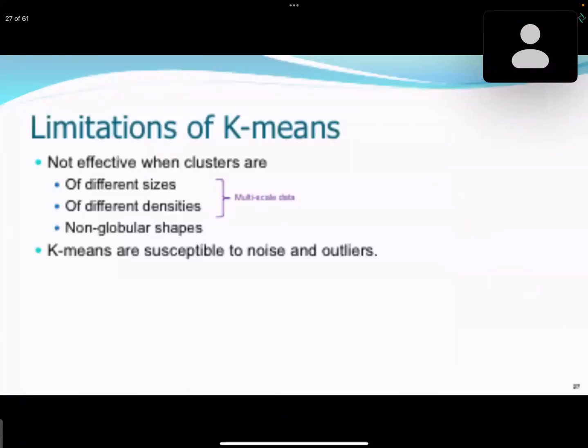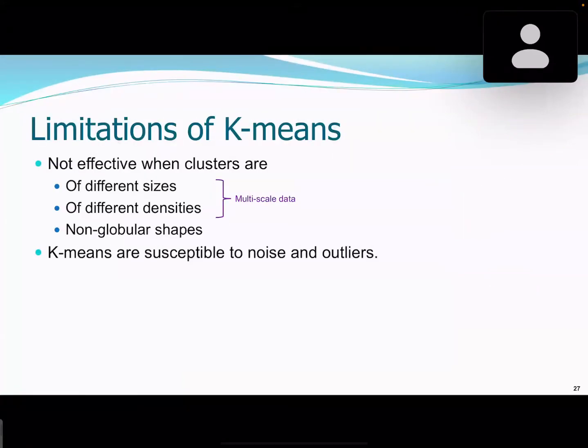All right. Okay, so here are some limitations of the k-means algorithm. First of all, k-means is a very common and popular clustering algorithm. We use it a lot. However, in certain situations, it doesn't give us very good results. In particular, if the data exhibit the following properties.